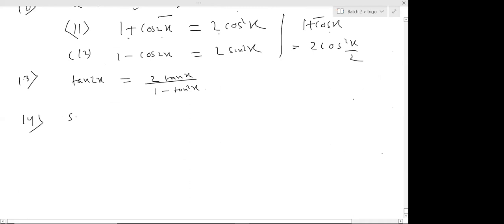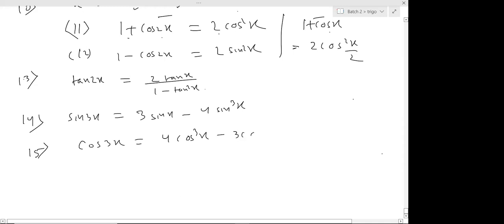Sine 3x, 3 sine x minus 4 sine cube x. 15th one, cos 3x, 4 cos cube x minus 3 cos x. 16th one, tan 3x, 3 tan x minus tan cube x upon 1 minus 3 tan square x.